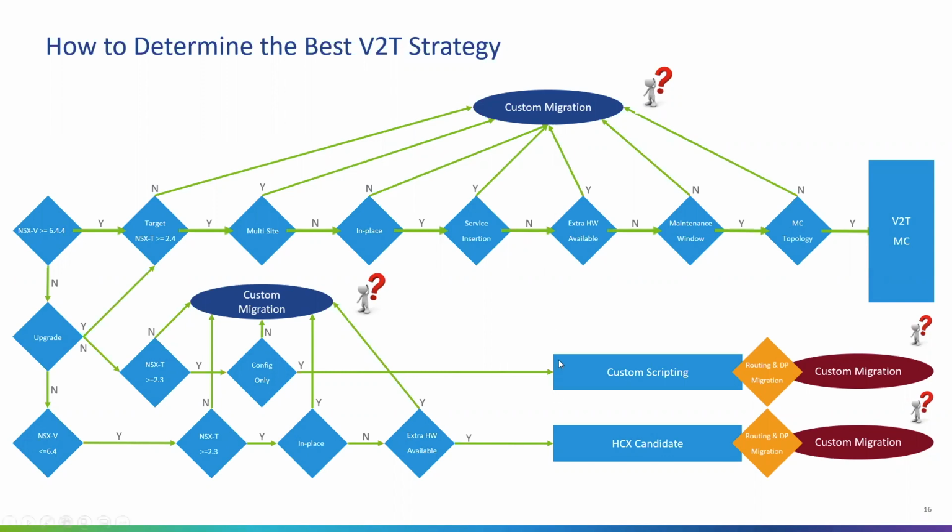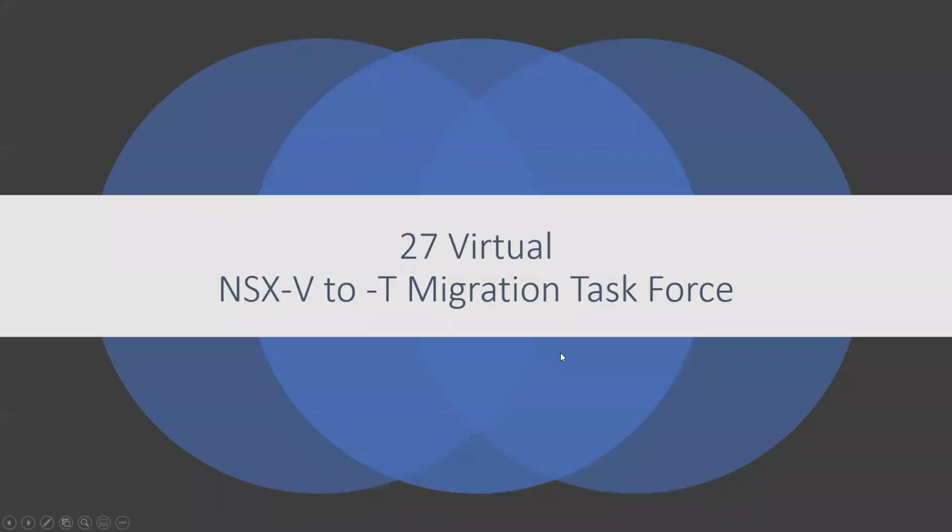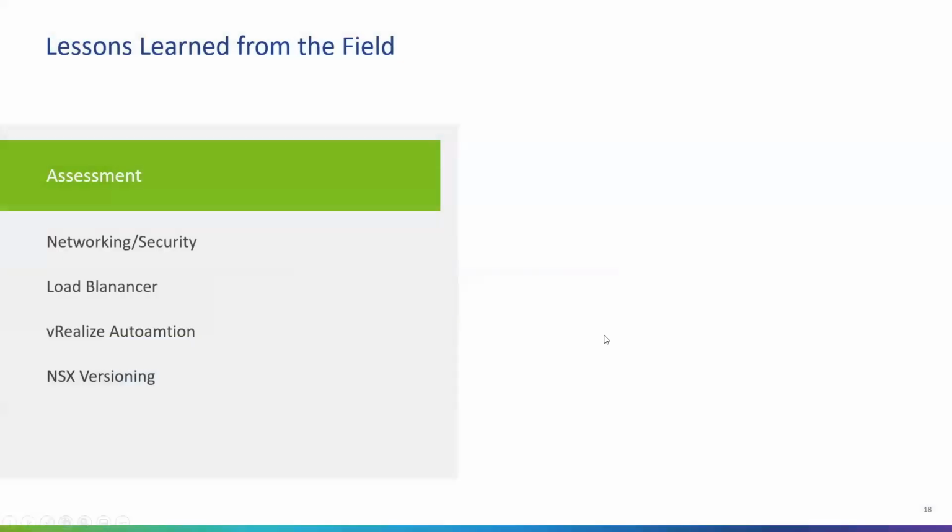Once you get all the VMs from a segment moved across, you're going to have to flip the gateway from the NSX V DLR or UDLR over to the NSX T T1 or T0 DR. So we built a custom script that does that, so you can minimize the time it takes to make the flip. And there's some other interesting things with that as well.